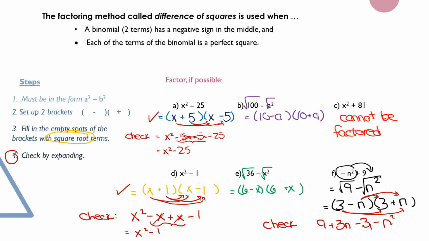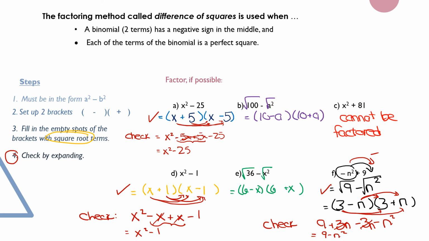Oops, I forgot my n there. Squeeze it in. Okay, plus 3n minus 3n makes 0, so I'm left with 9 minus n squared. And is that my original question? It's what I put here, so that's my original question. So assuming that I did this movement over here correctly, which I did, then I have factored it correctly.